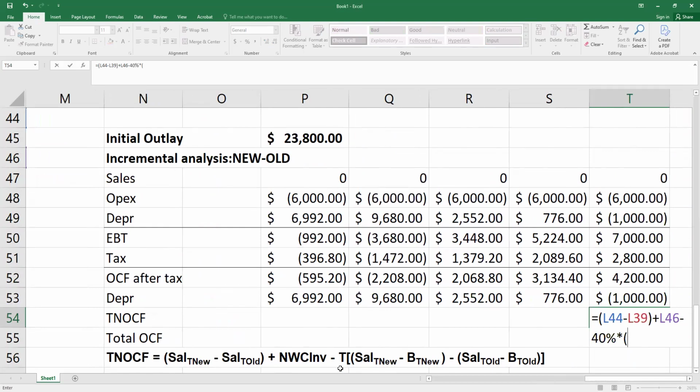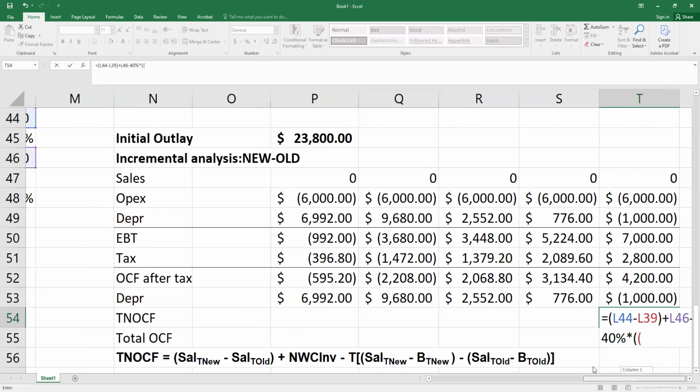New salvage value minus the book value of new. Book value of the new, is there something remaining at the last year? No, nothing. So I will put 4,000 minus 0.